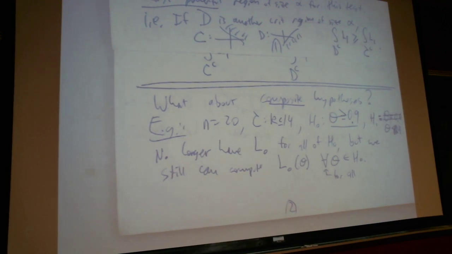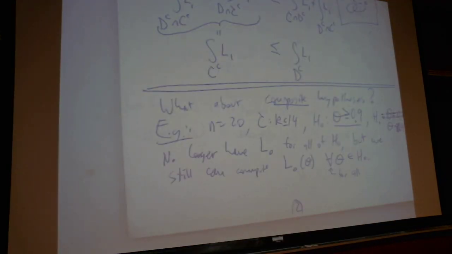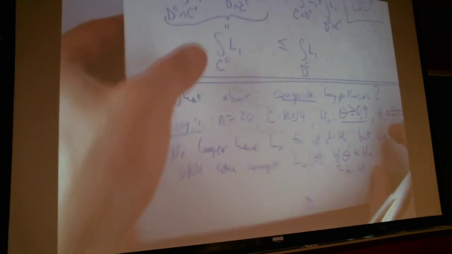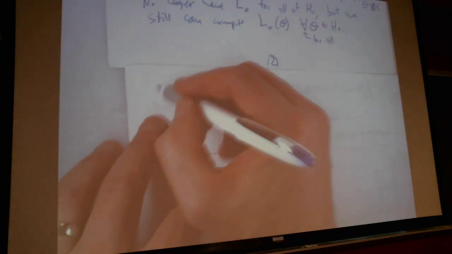So here's what people like to look at to analyze how this test looks. People like to look at the power function. The words power, size, significance have like four different uses that are not all quite the same in statistics, unfortunately. So I need to define the power function.